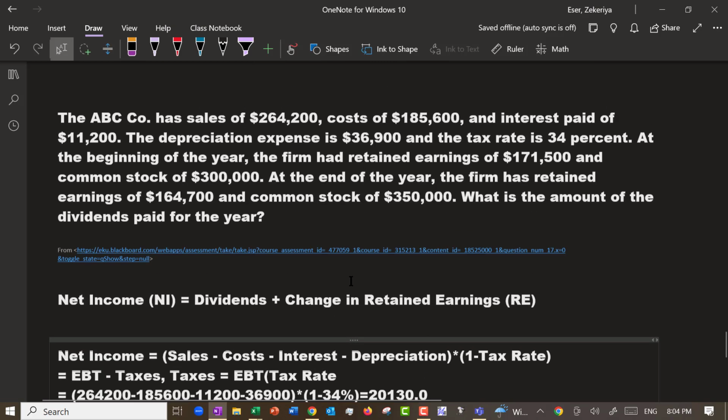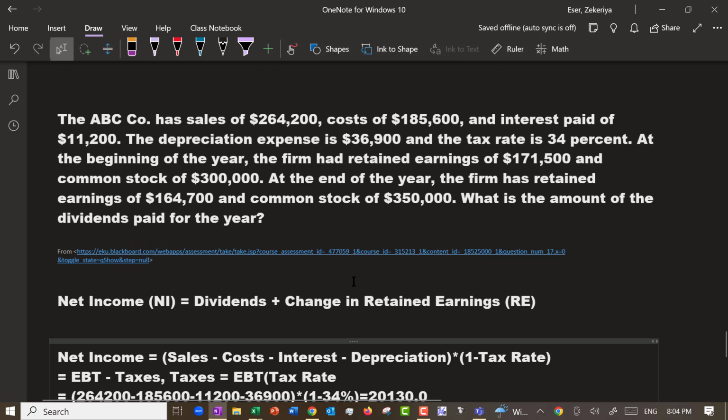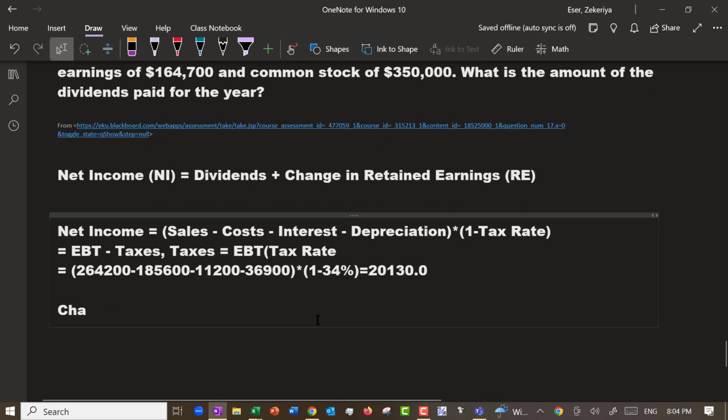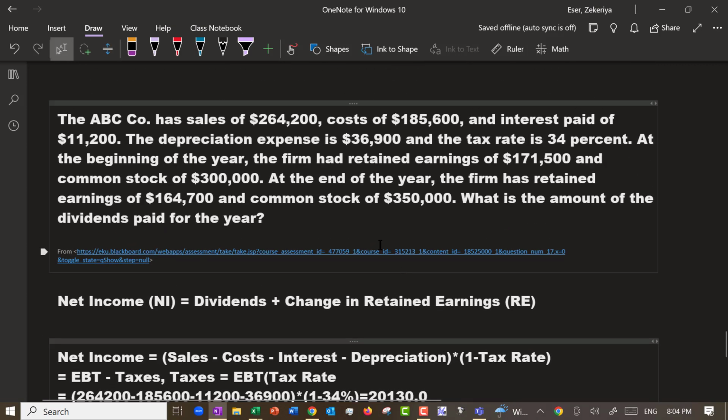So I need to figure out change in retained earnings. Well, change in retained earnings is simple. Ending retained earnings minus beginning retained earnings. Do we have those? At the beginning of the year, they had 171.5. Common stock is not retained earnings. That's basically capital.